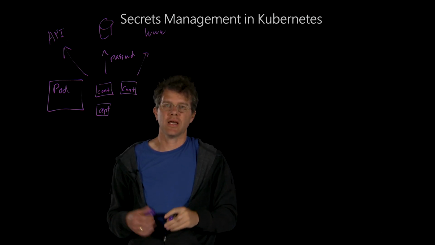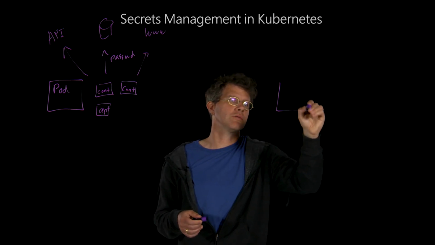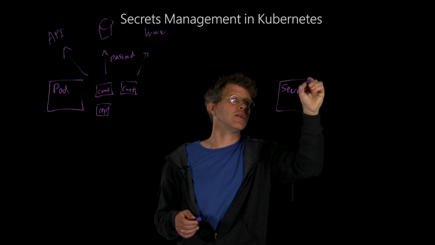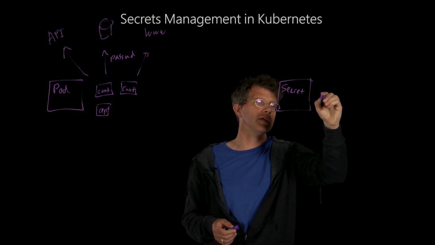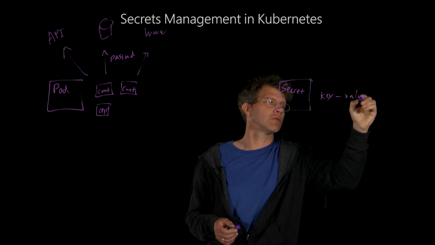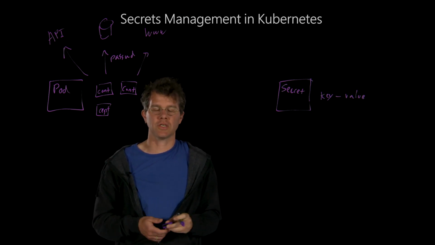Fortunately, Kubernetes actually has built-in secrets management, so you can declare a secrets resource. A secret inside of Kubernetes is a collection of key value pairs, and you can have multiple key value pairs within the context of a particular secret.